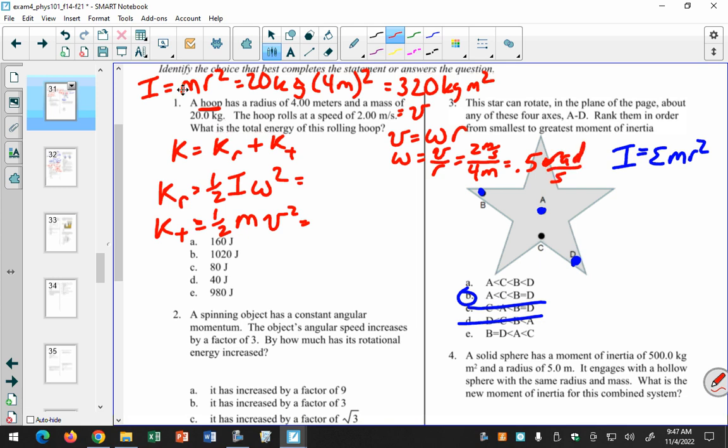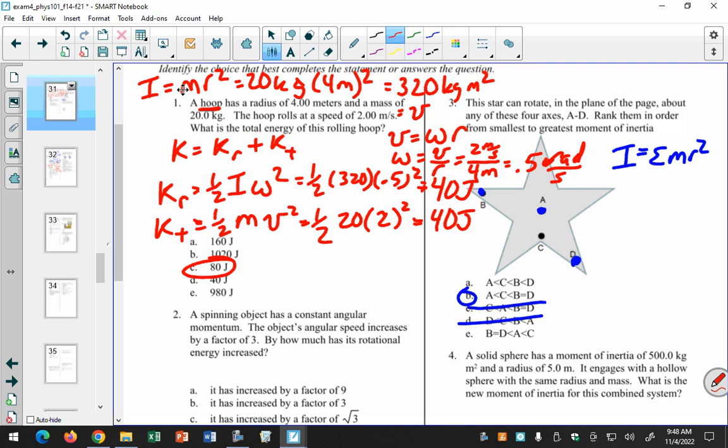I have I, and I have omega, so it's going to be 1/2 of 320 times omega, which is 0.5 squared. That's a quarter of 160. That's 40 joules. And then this is going to be 1/2 of the mass, which is 20 times v squared, which is 2 meters per second squared. That's 10 times 4. That's 40 joules as well. So the total energy is 80 joules. We did a very similar problem in class.